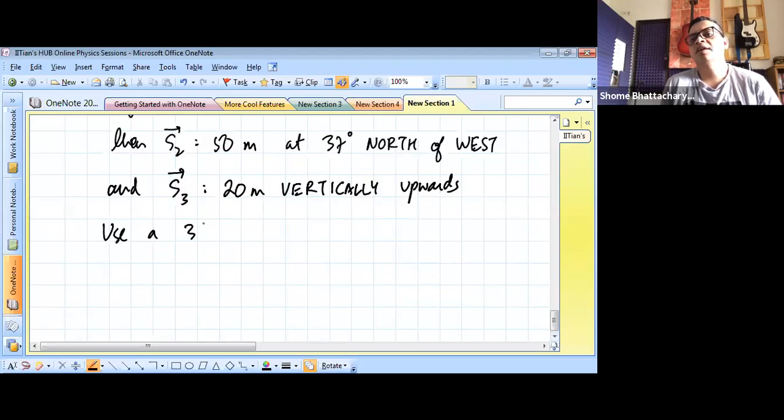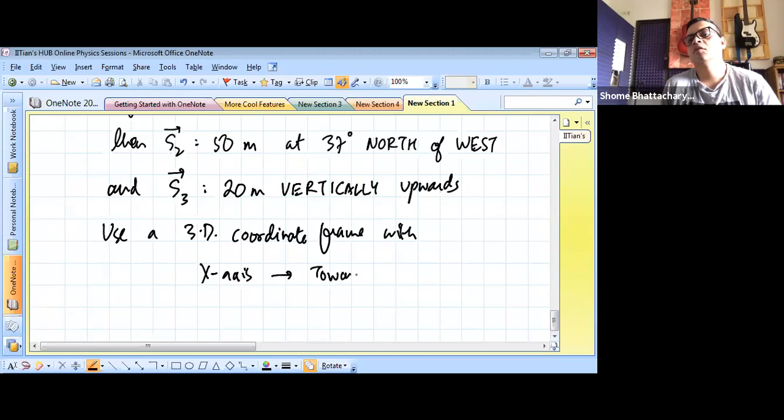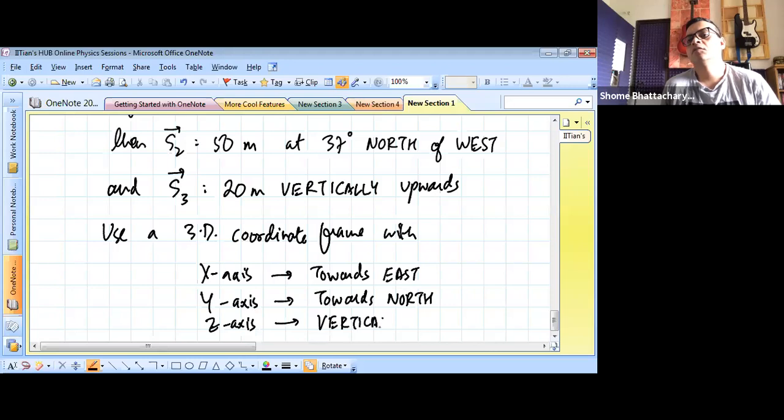Use a three-dimensional coordinate frame with x-axis towards east, y-axis towards north, and z-axis vertical. Okay.